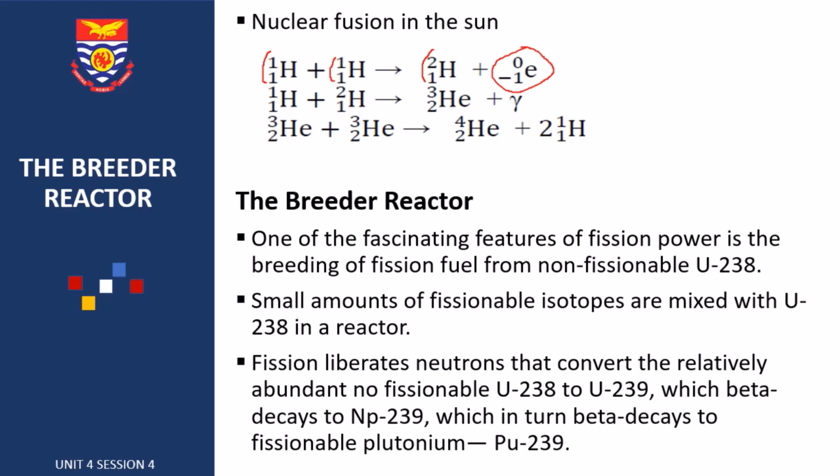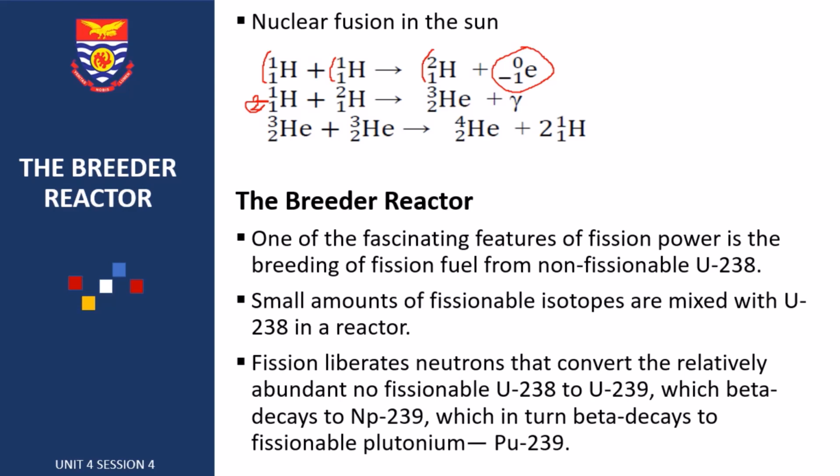The deuterium formed also fuses with another protium in the second step, which forms a tritium. Tritium has mass number 3 and a proton number of 2, with the emission of gamma radiation. Two tritiums then fuse in the third step to form helium plus 2 moles of protium.